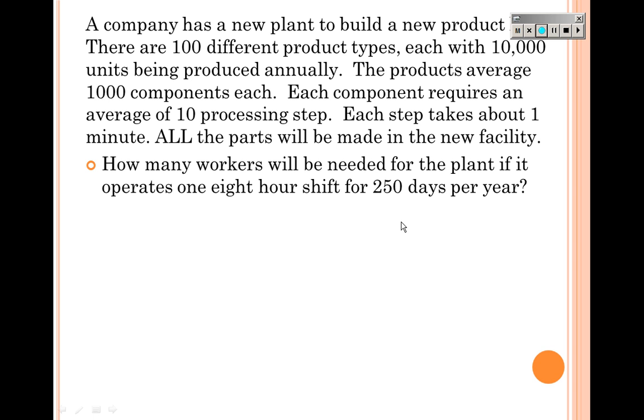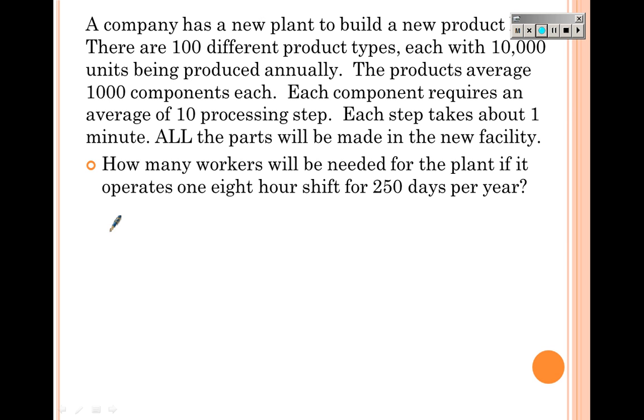And then the last one says, how many workers will be needed for the plant if it operates one 8-hour shift for 250 days per year? What does that look like?